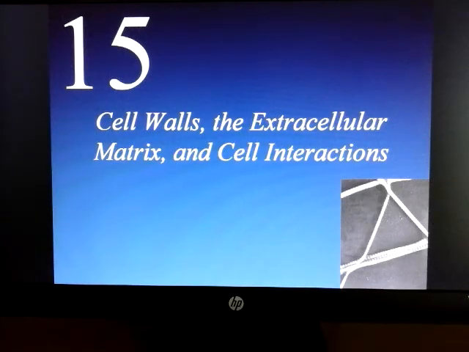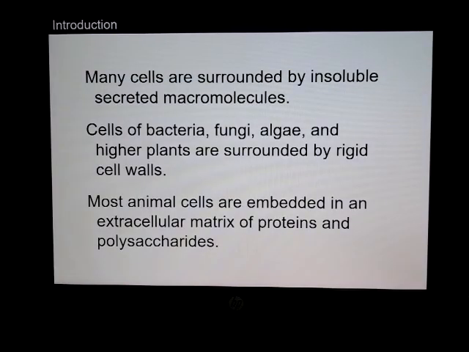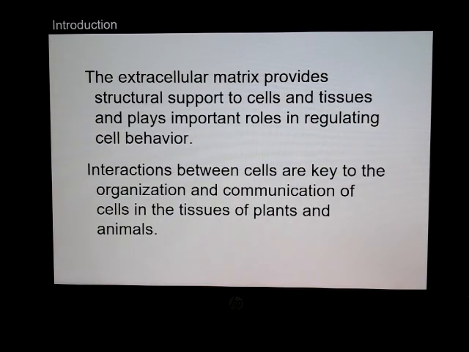Today's lecture is on cell walls, extracellular matrix, and cell interactions. So cells are usually surrounded by different types of secreted macromolecules. Bacteria, algae, fungi, etc. have rigid cell walls, but animal cells usually have some kind of extracellular matrix of proteins and polysaccharides.